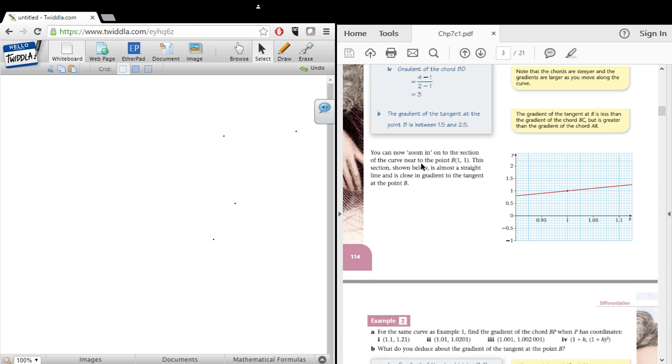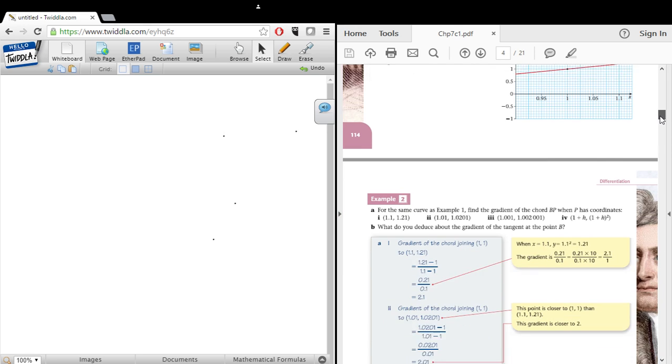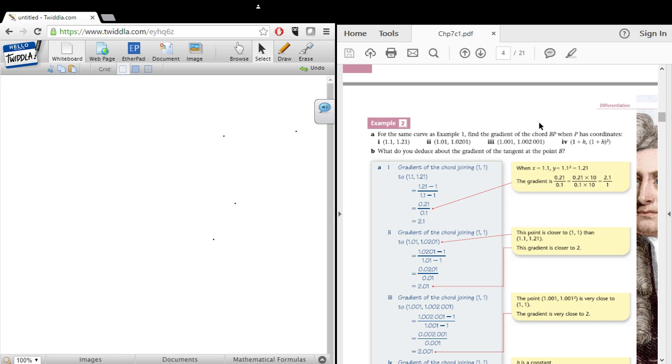Now you can zoom in on the section of the curve near the point B. This section shown below is almost a straight line and is close in gradient to the tangent at point B. For the same curve as example 1, find the gradient of the chord BP when P has coordinates.